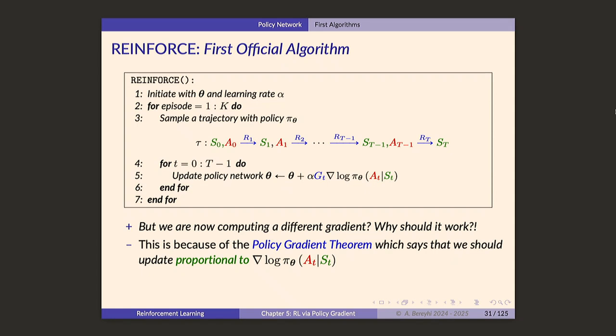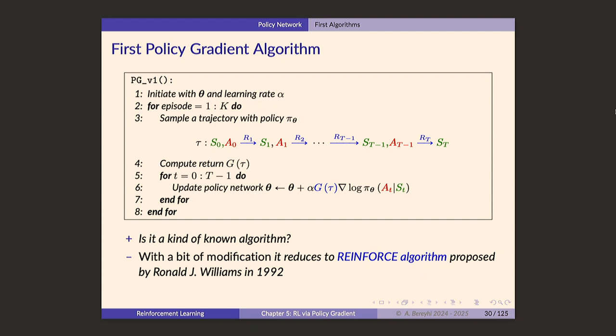It's G, the sample return. Here I'm just writing G_t, and there I'm writing the whole return of the trajectory. Why do I have it here? Because in our analysis, we always work with the complete trajectory. That was what came out of our analysis.